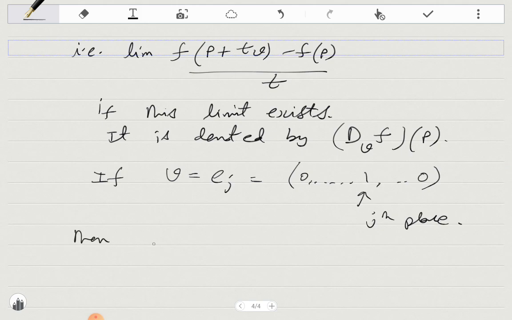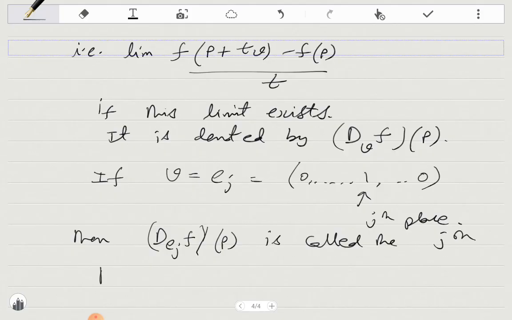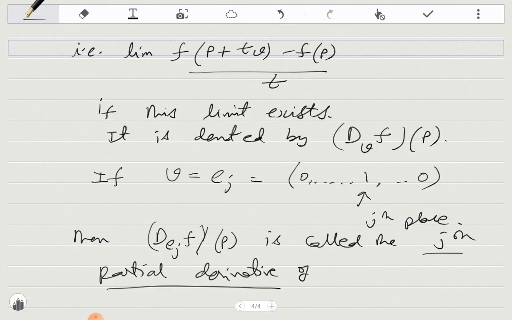Then D_{e_j} f at p is called the jth partial derivative of f at p.